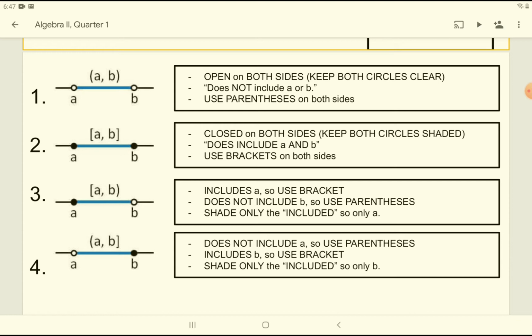right? So let's hop to number 2. Number 2, line with endpoints on both ends, and they're both shaded. So they're closed circles, shaded circles on both sides. So in this case, we're going to use brackets because it does include A and B. And I'm using the word include.